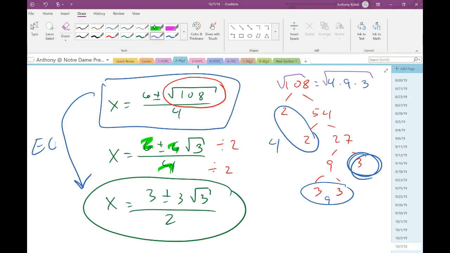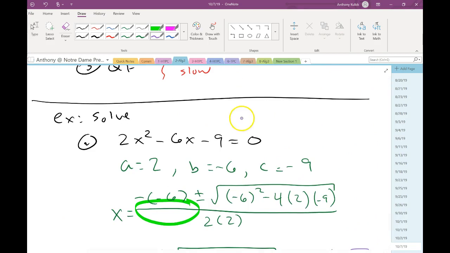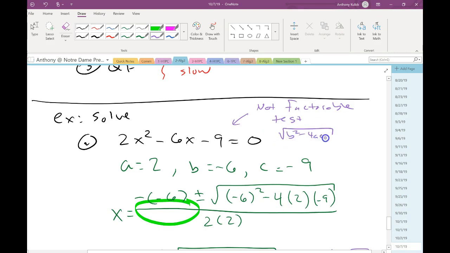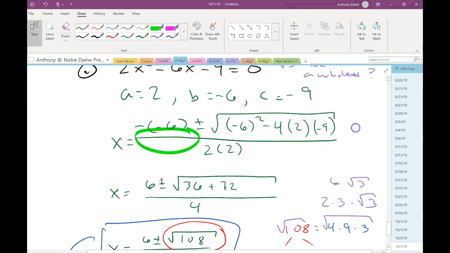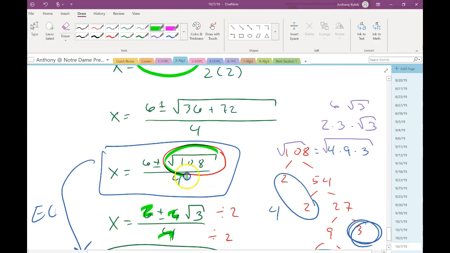All right. Pointing out to you guys, what was the test to see if something was not factorable? We took the square root of b squared minus 4ac and asked, is that a whole number, right? You guys remember that? Why do you think we're taking the square root of b squared minus 4ac and worrying about if that's a whole number?